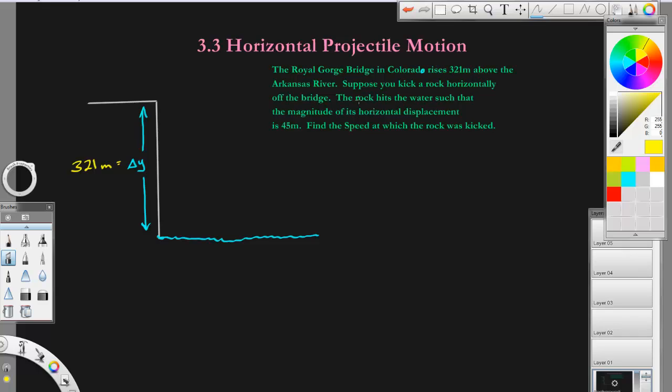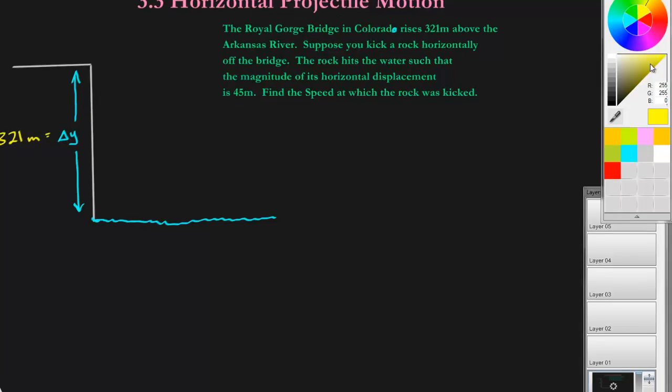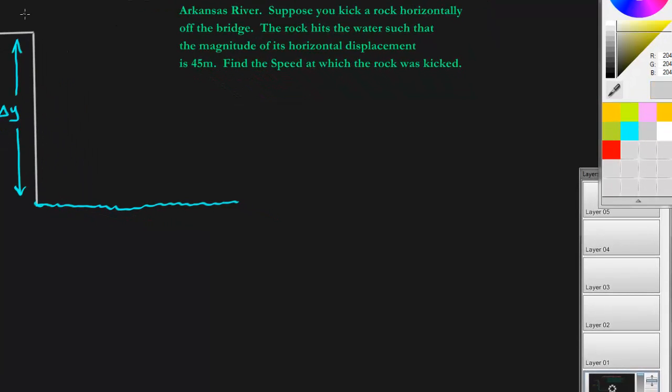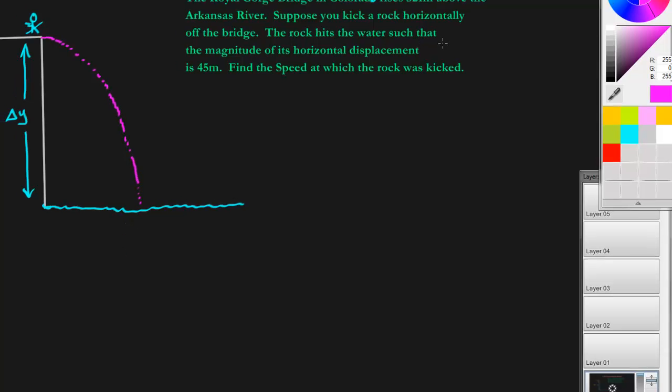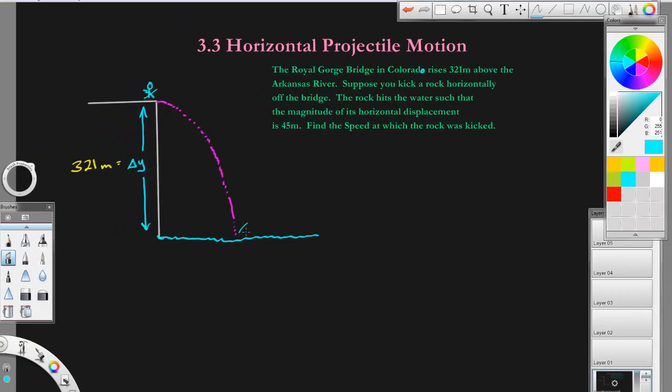That's its vertical rise. It says, suppose you kick a rock horizontally off the bridge, and the rock hits the water such that the magnitude of its horizontal displacement is 45 meters. What all that means is if you are standing up here and you kick a rock off of this thing, it's going to make a parabola-looking quadratic path and splash into the water here.